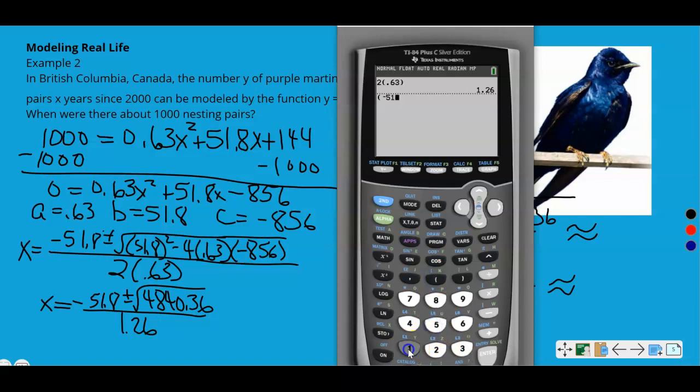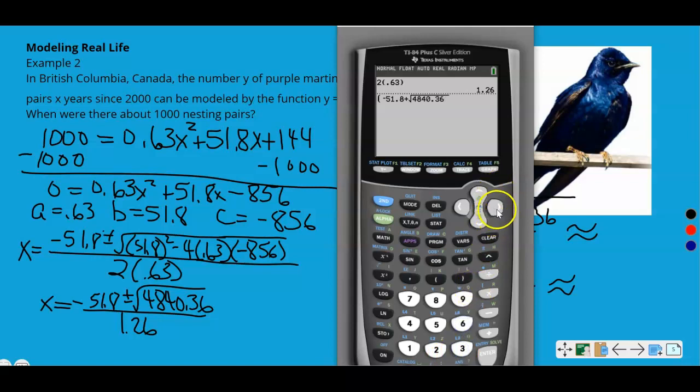So negative 51.8 plus the square root of 4840.36.